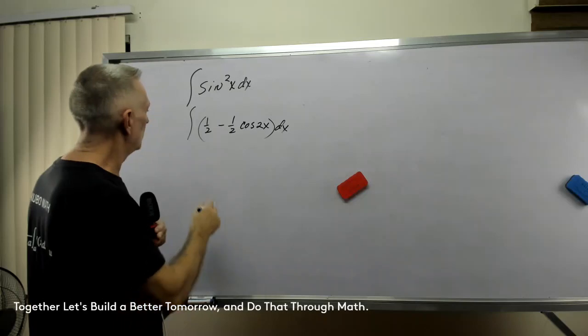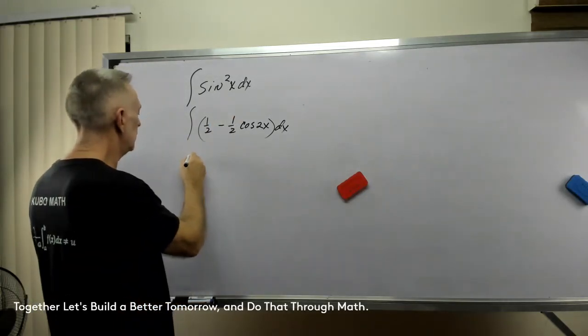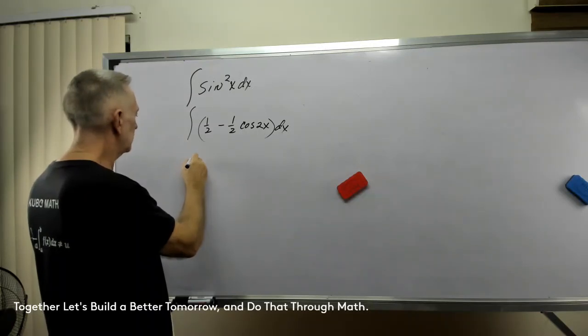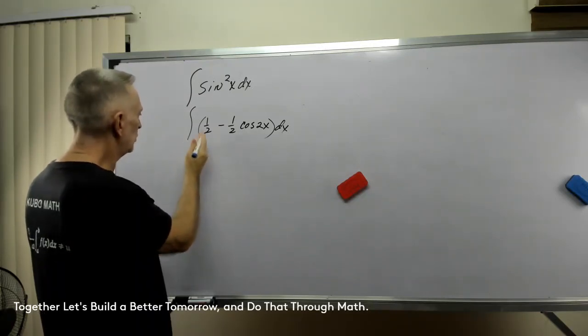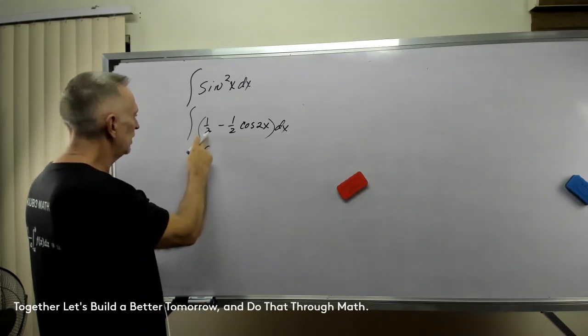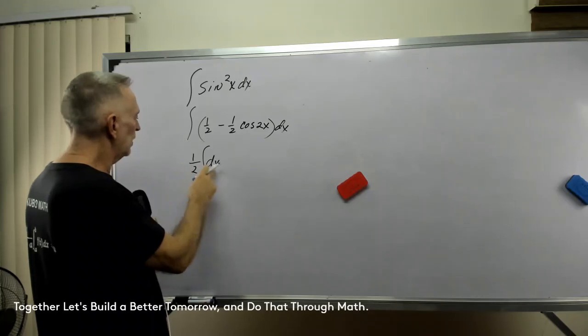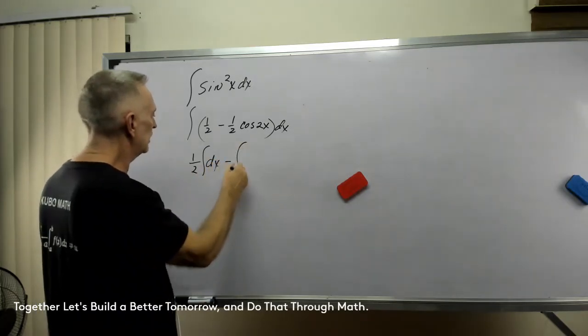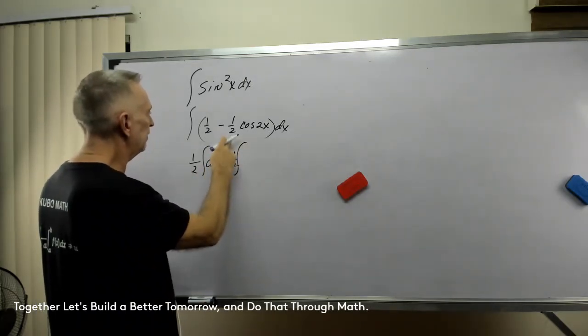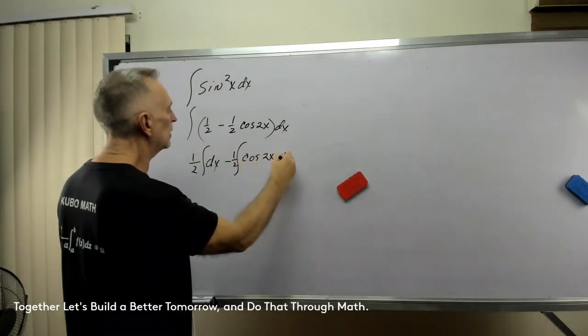So let's separate this into two different integrals, and by the constant multiple rule we can pull the 1/2 to the outside. So I have the integral of 1/2 dx minus the integral of 1/2 cosine 2x dx.